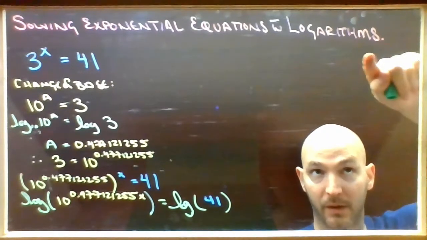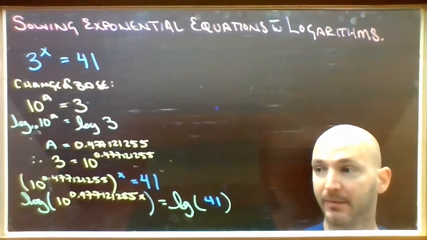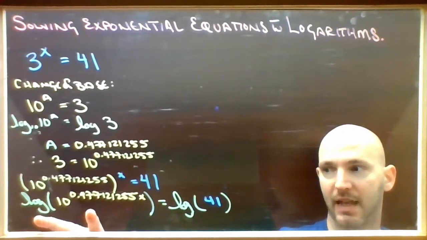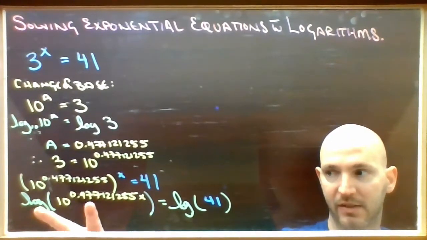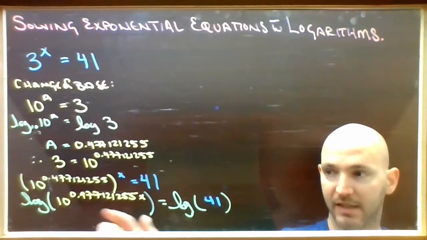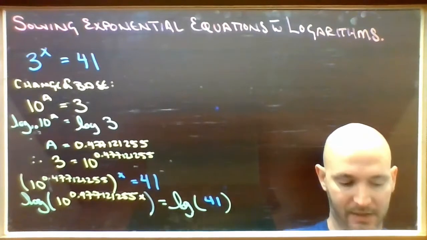So I'm going to have to move up here because I've sort of run out of space. But log base 10 acting on exponent base 10, those are antifunction pairs, so they undo each other. So all that's left on this side is this horrible decimal with the x attached.